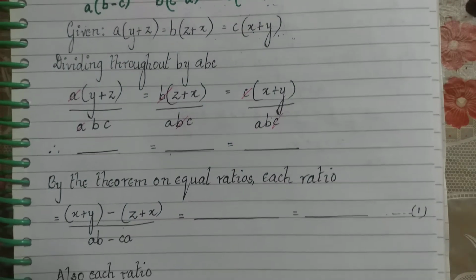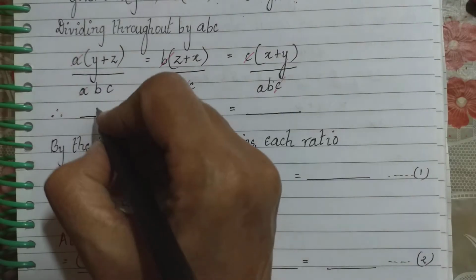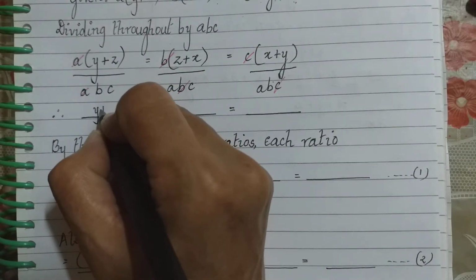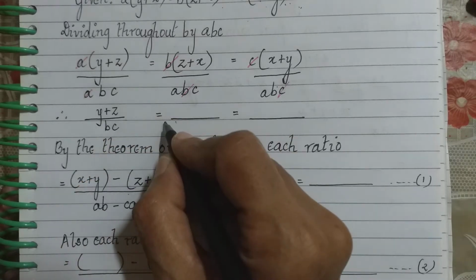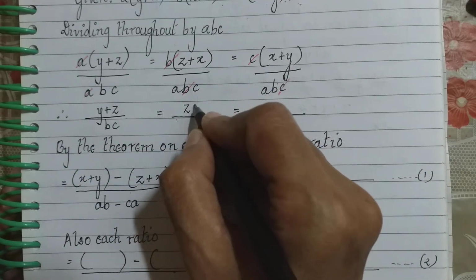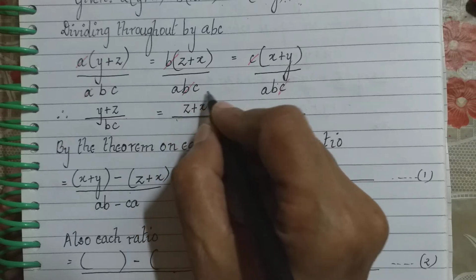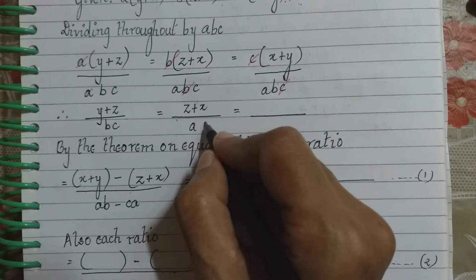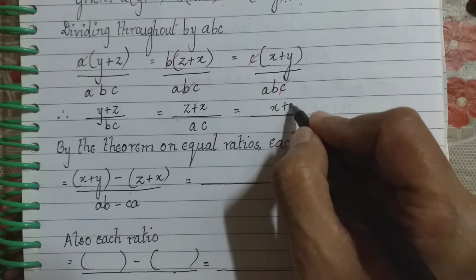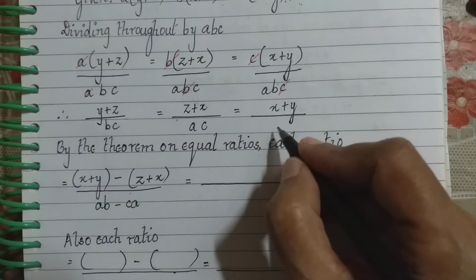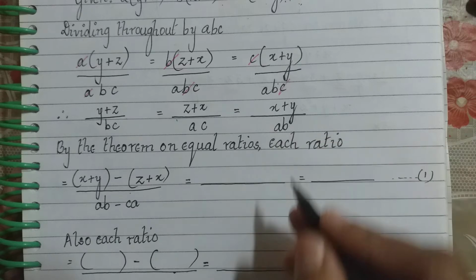So now what will I get here? (y + z)/(bc) = (z + x)/(ac) = (x + y)/(ab).